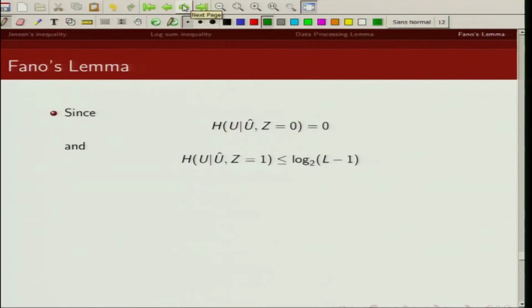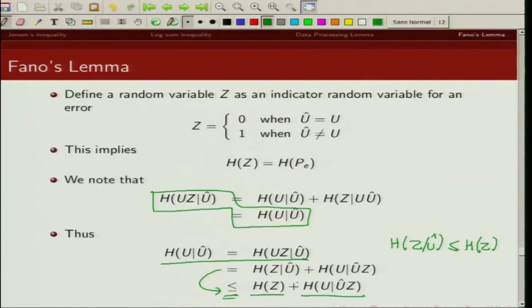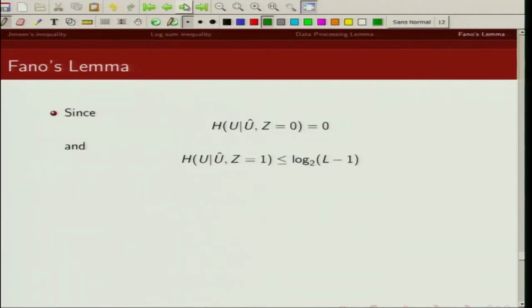Next, we are going to look into this expression in a little more detail. We will first look at this when Z is 0, and then we will look at the case when Z is 1. So what is the uncertainty in U given U hat and Z is 0?